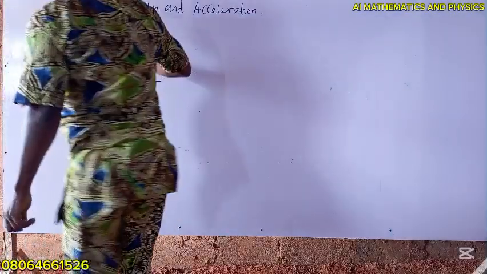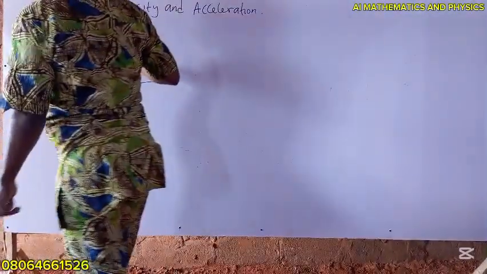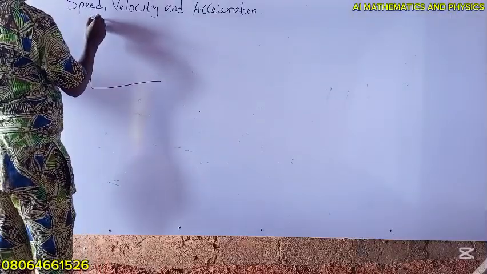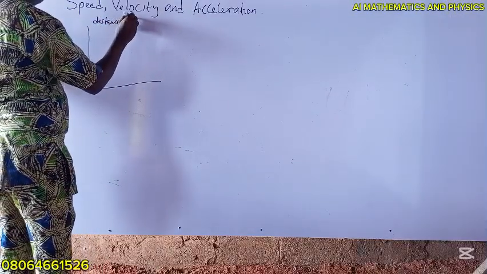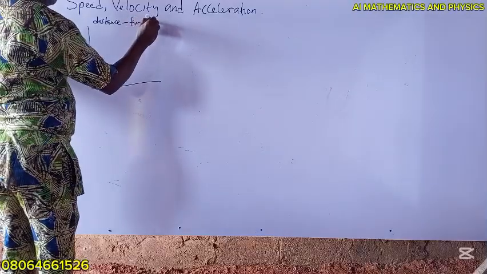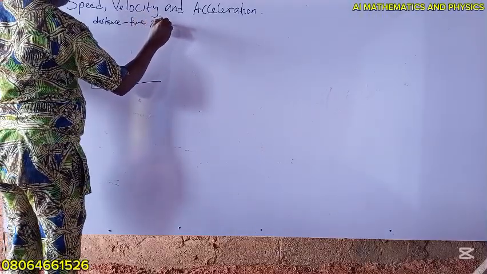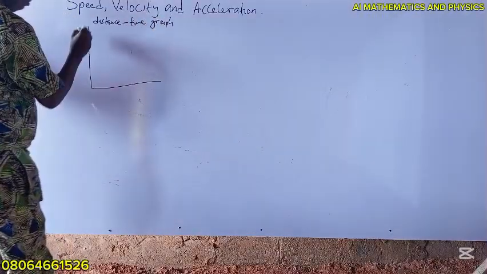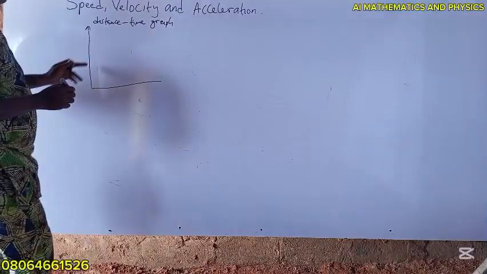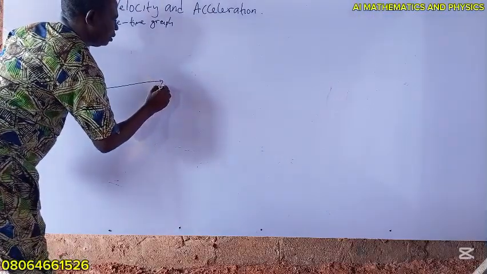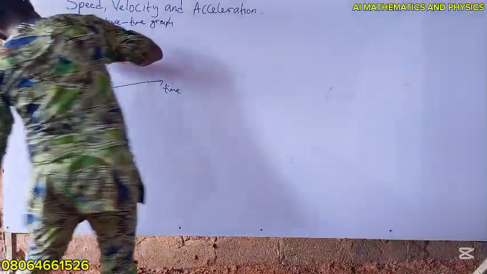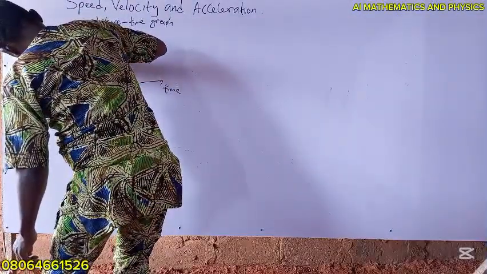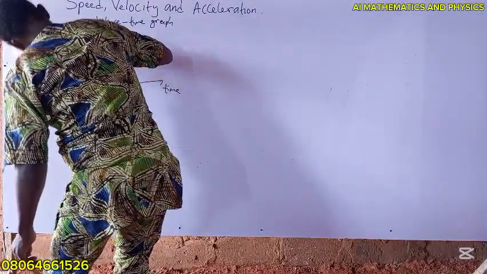Let's say we have a distance time graph, which means distance along the vertical and time along the horizontal.